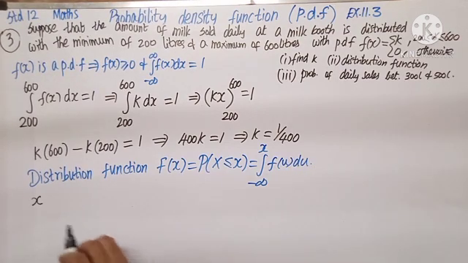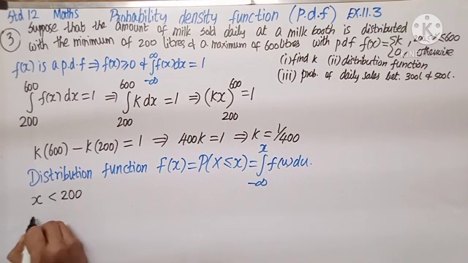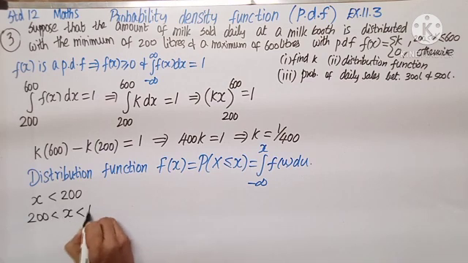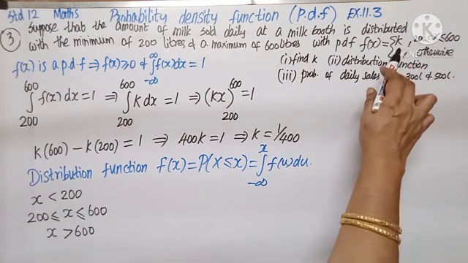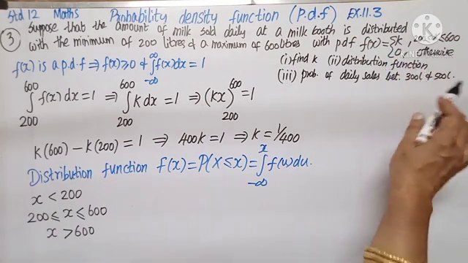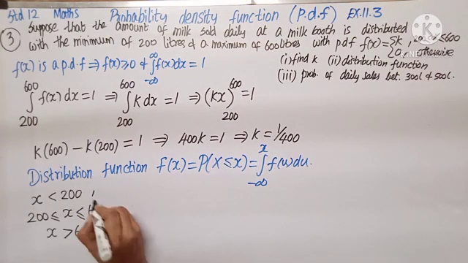In this question, x can be below 200. X can be between 200 and 600. X can be above 600. So we have three cases: x below 200, x between 200 and 600, and x greater than 600.